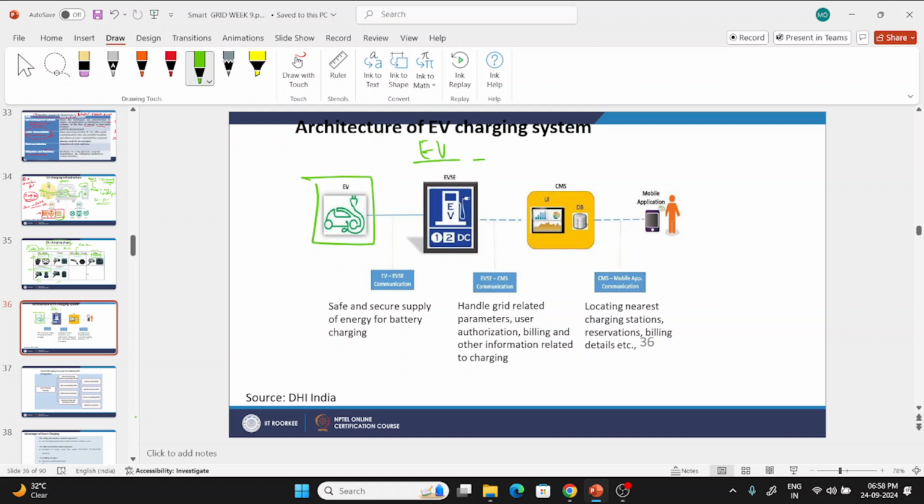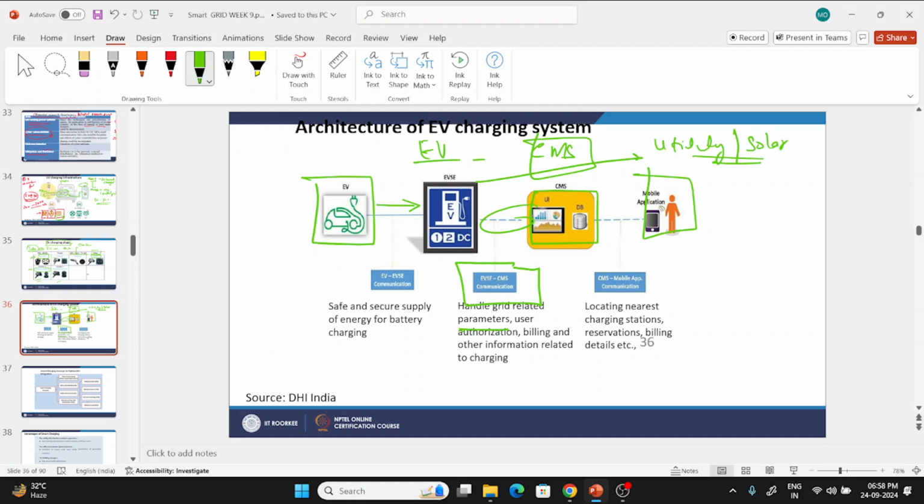Then this is a control management system, and this is the mobile application. It handles all the grid parameters. Whenever you plug into an EVC, the power will be coming from the utility or from solar, and all the billing information will be handled.